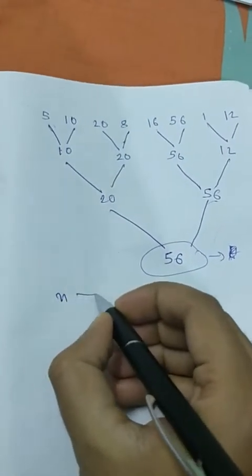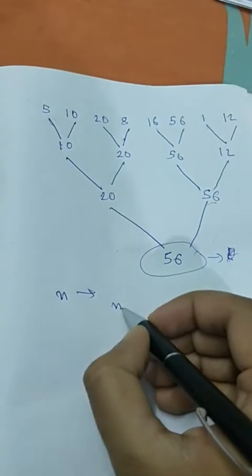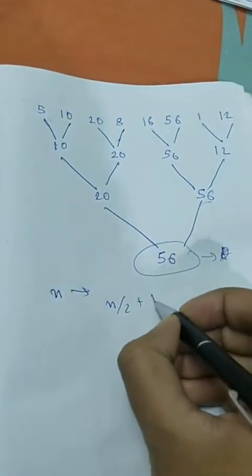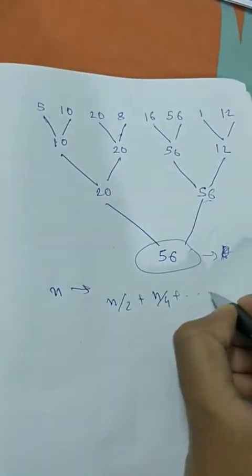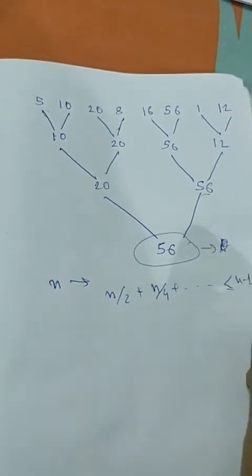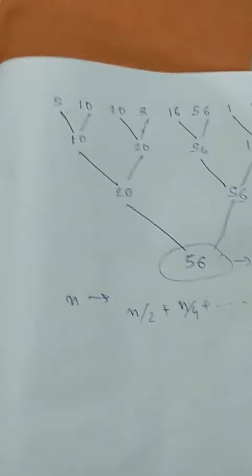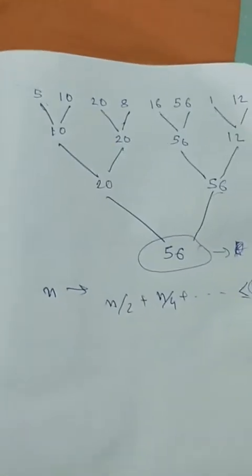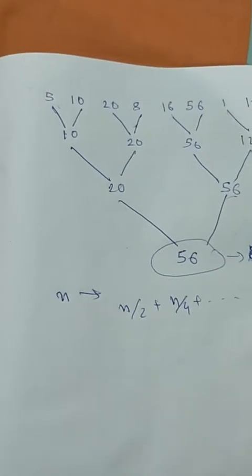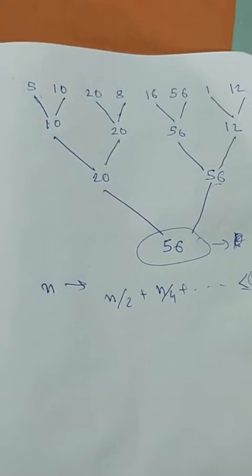So if we have n numbers, the number of comparisons we make while building the tree is n by 2 plus n by 4 plus up to 1, which is less than or equal to n minus 1, which is the total number of nodes of the tree. You can sum it up and check. So that's actually n minus 1.